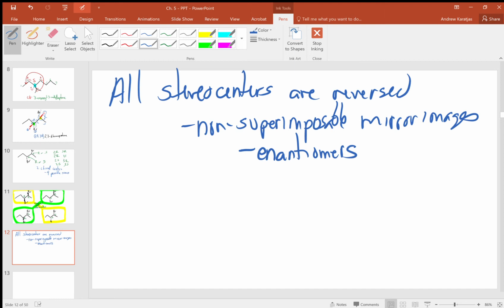But if we were trying to look at something like melting points or boiling points, then the enantiomers are identical. Even their NMR or IR spectra are identical.